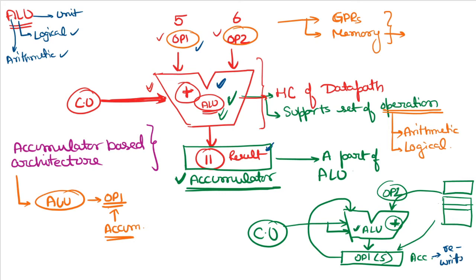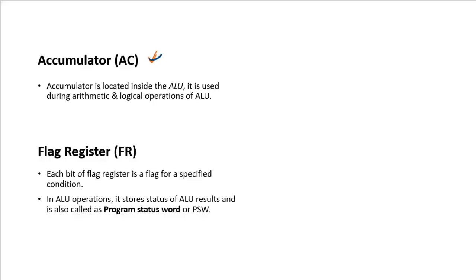That means the accumulator was first storing 5, and as soon as the ALU performed 5 plus 6, the recent value the accumulator stores is 11. This means the accumulator can store two things: it can store either an operand or a result.